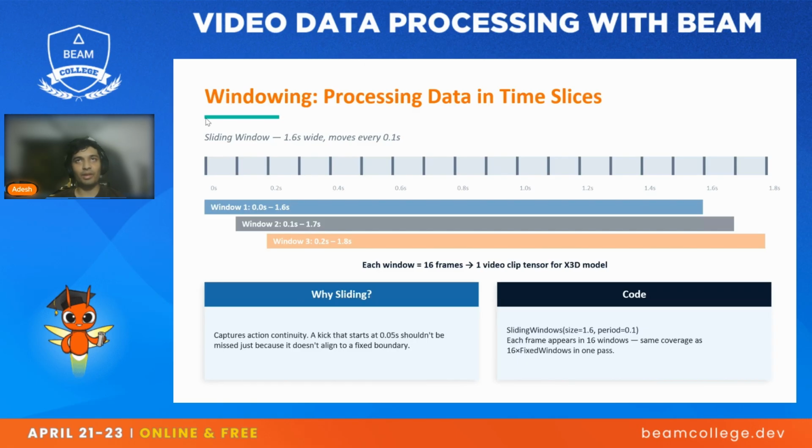For example, you have 40,000 or 50,000 frames extracted from a video, and to process the video data and capture its temporal complexity, you need to convert those frames to clips. Why do we need to convert those frames to clips? Because there are several actions going on in a particular video.